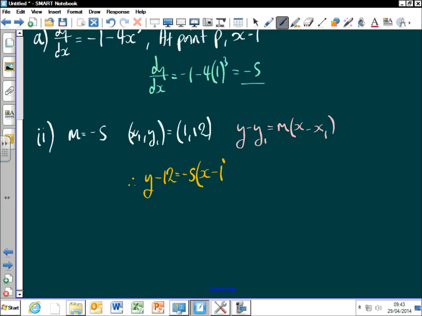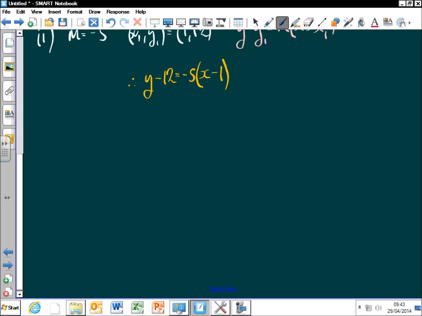Now it wants the equation in the form y equals, so I just need to multiply this out and bring the 12 across. So I've got y take 12 is equal to -5x plus 5, and then I'm going to bring that 12 over, -5x, and then I'm going to add 12 on, so this is plus 17. Okay, so that's the tangent to the curve at point P.